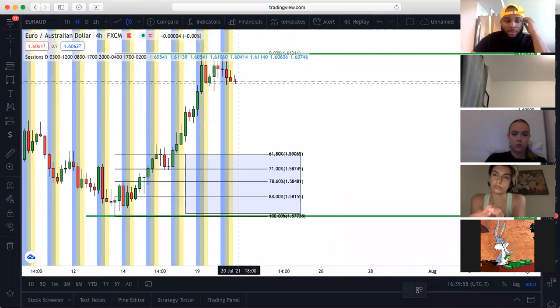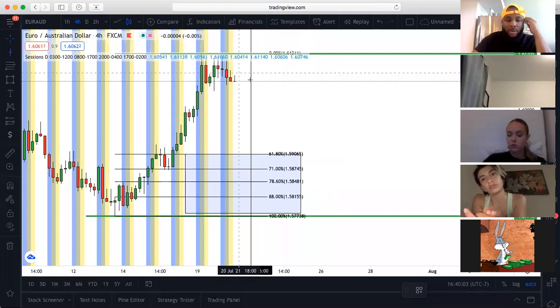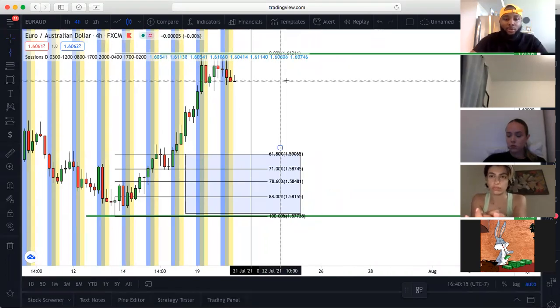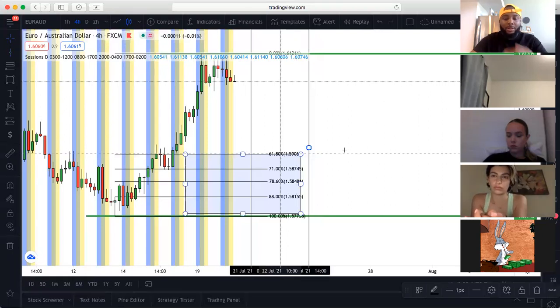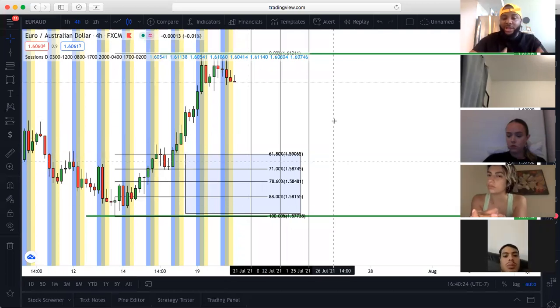So 1, 2, 3, 4, 5, 6. That'll be London session. 1, 2, 3, 4, 5, 6. London session. 1, 2, 3, 4, 5, 6. London session. So I'm looking for a retracement within this area during a London session.